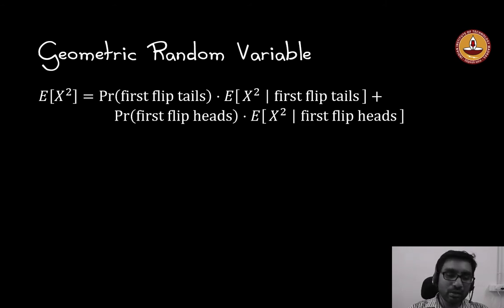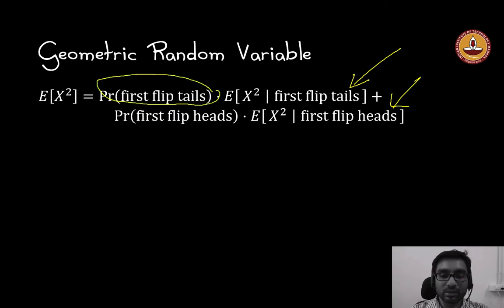The first part corresponds to where the first coin flip lands tails, and the second part corresponds to the first flip landing heads. So now our expectation of x squared is split into these two parts, and of course they have to be weighted by their corresponding probabilities.